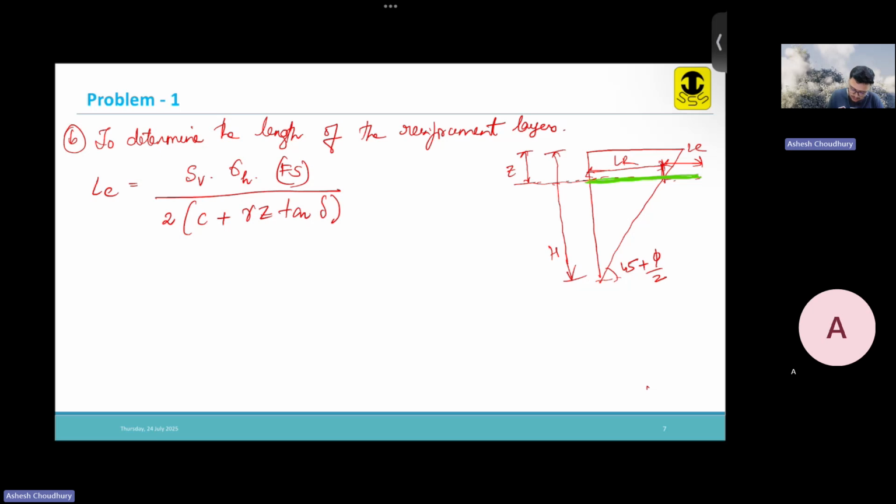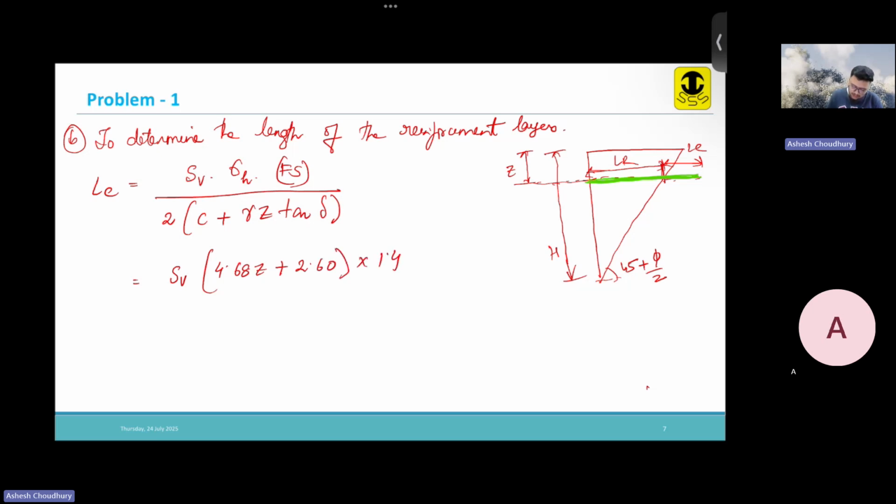Then, SV is 0.68 Z plus 2.60. This is my horizontal pressure. We already determined it beforehand.